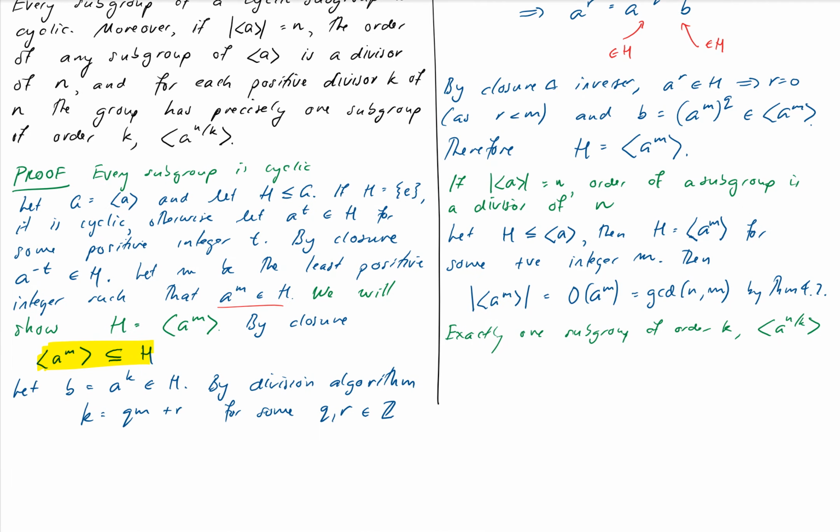Okay, so we'll do the usual thing, and we'll assume there are two and show they must be equal. So we'll let there be two cyclic subgroups of order k, where these things are both subgroups of order of a to the n.